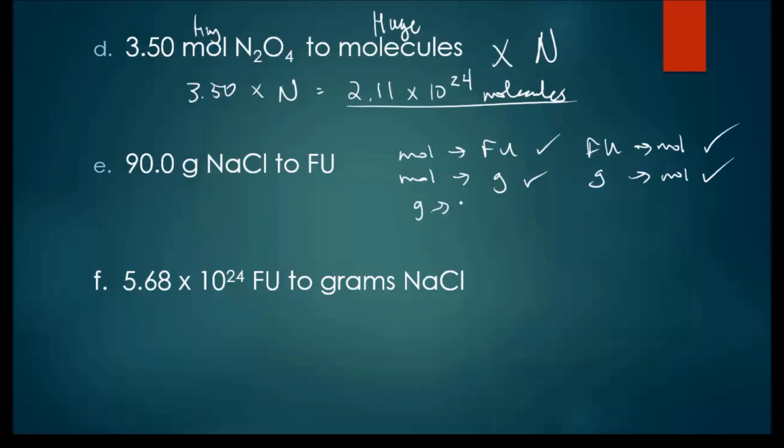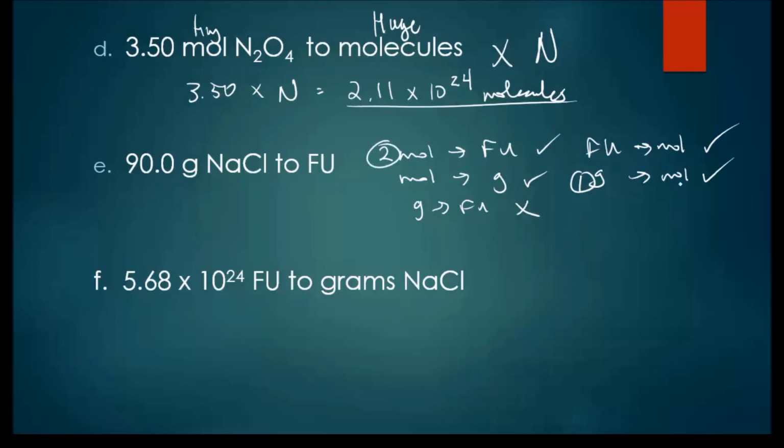Grams to FU, we cannot do. So what do we do? If you cannot go directly from grams to FU, what are we going to have to do? Go through moles. Okay, can we go grams to moles first? Yes. And then moles to FU second.